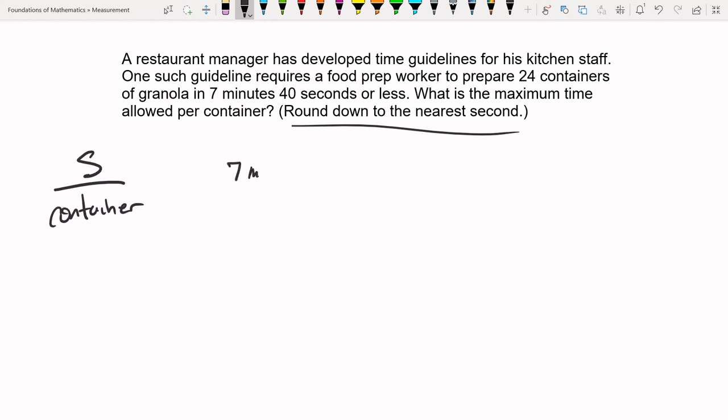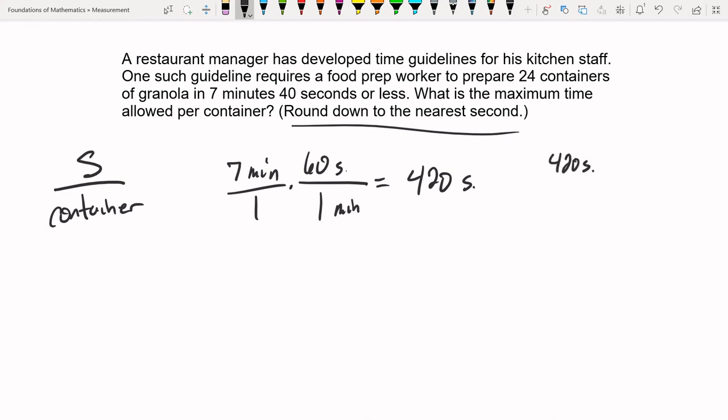So 7 minutes over 1, 1 minute has 60 seconds. 7 times 60 is 420 seconds. Then 420 seconds plus 40 seconds gives us 460 seconds.